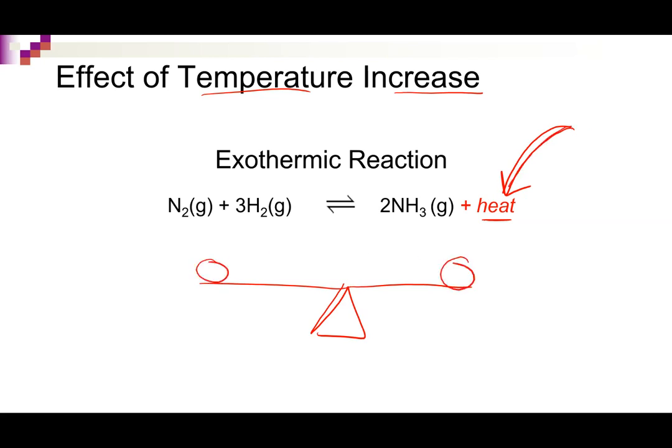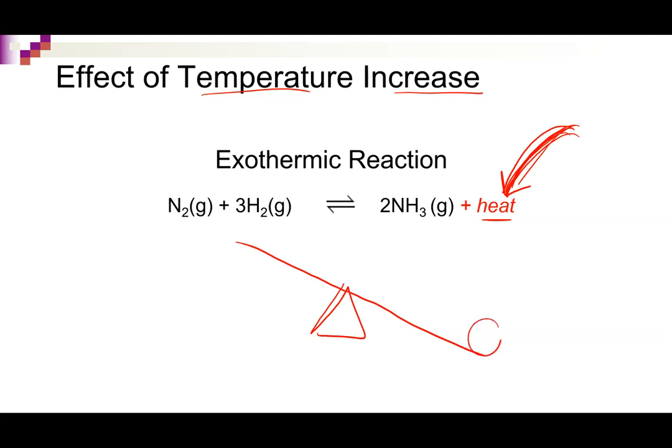If I increase the temperature for an exothermic reaction, that's like increasing the product, so the balance is going to look something like this. What is that going to do to this reaction? It's going to feel heavy or stressed on the product side, so it's going to push towards the reactants. Okay.